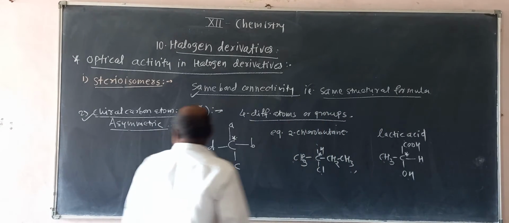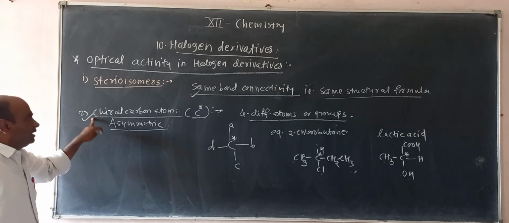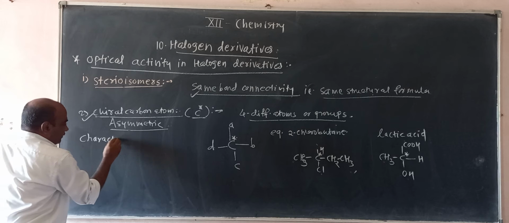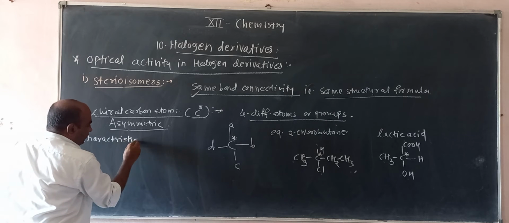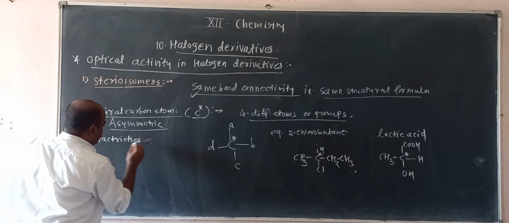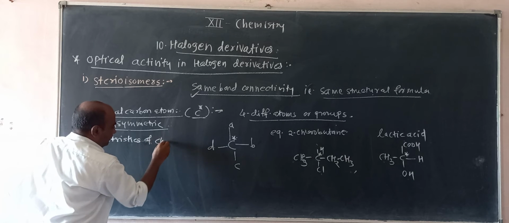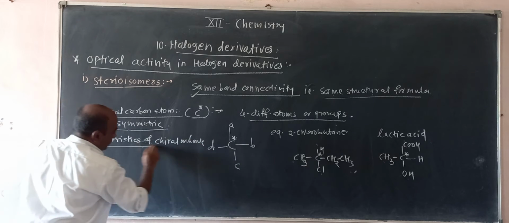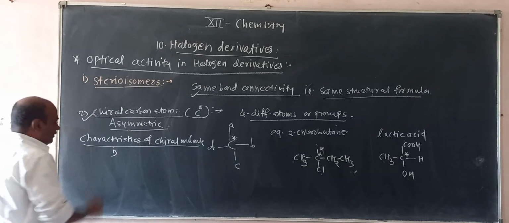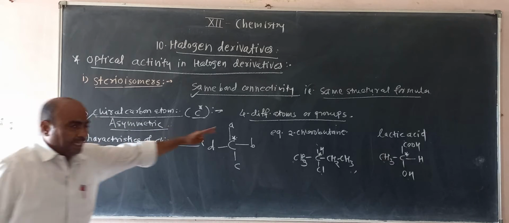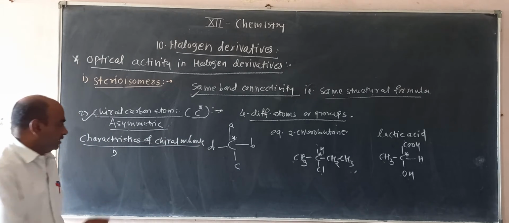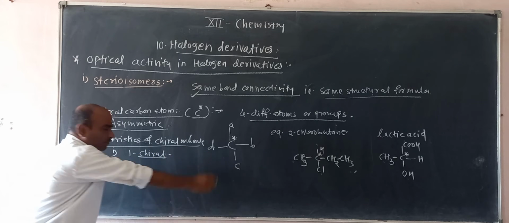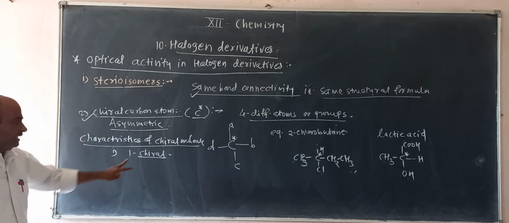Okay. Now what are the characteristics of a chiral molecule? See, first point: in a chiral molecule, at least one chiral carbon center, or one asymmetric atom, is present.